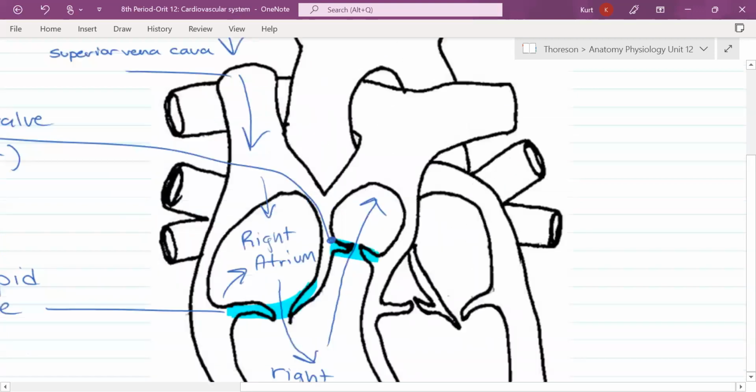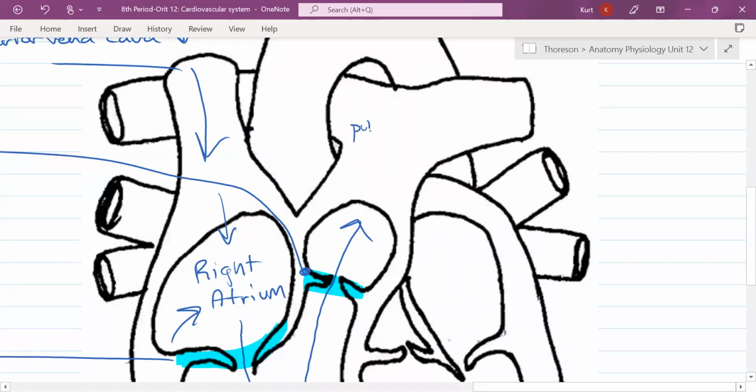We are now at the pulmonary trunk. It is at this junction that blood is going to go in 2 directions, left and right.